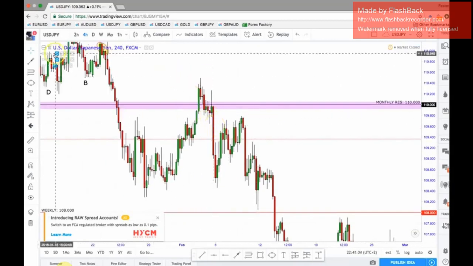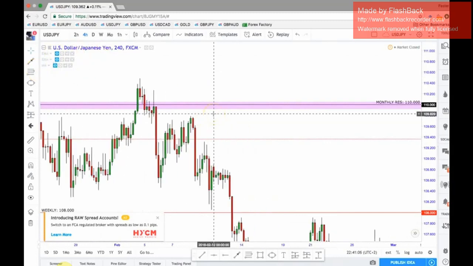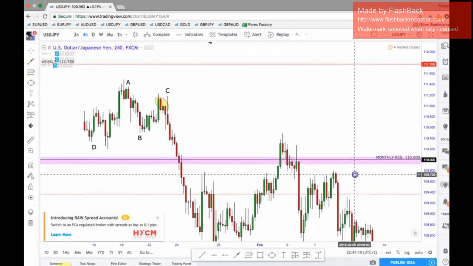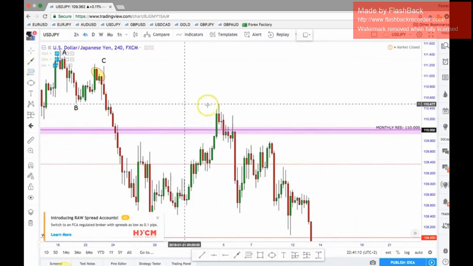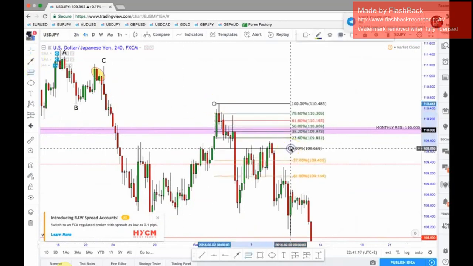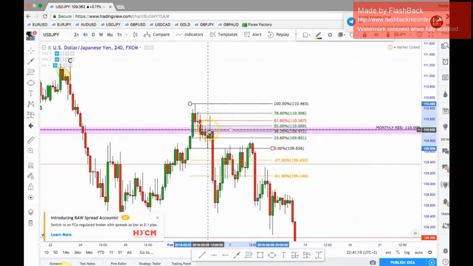So let's just see. No, sorry, we haven't worked this one. So would you do it from here, A to B? You see, we didn't get candle closure near 38.2. So again, it's a risky trade, guys, but you can see the take profits always get hit.